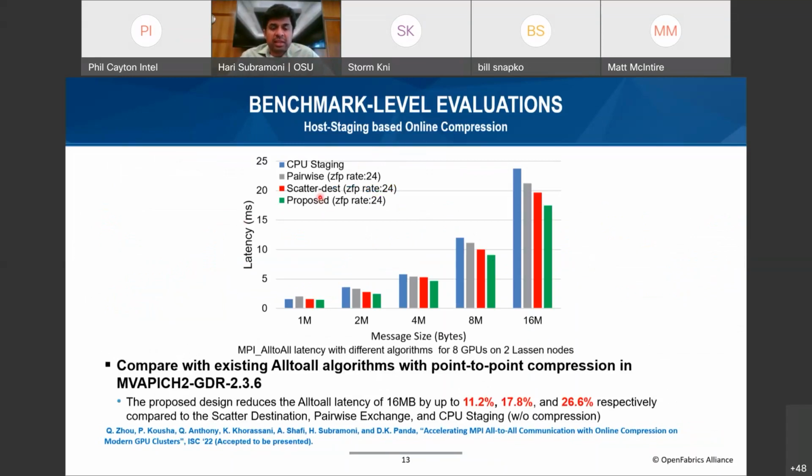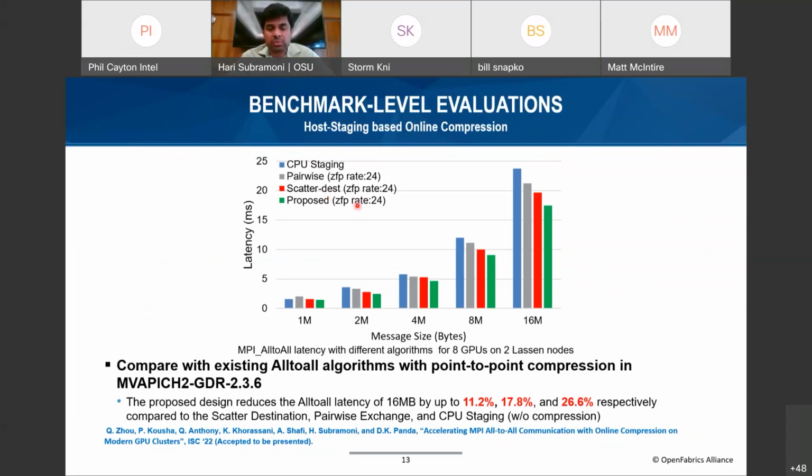This is again comparing the host staging based online compression design with various other all-to-all algorithms that are available in MVAPICH2-GDR. Moshe, to follow up on your question, some of these algorithms, like pairwise or scatter destination, use GDR directly.